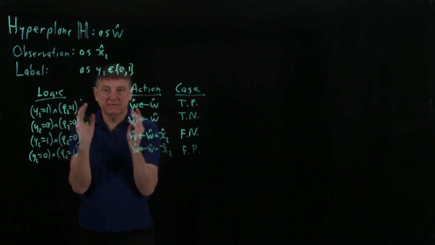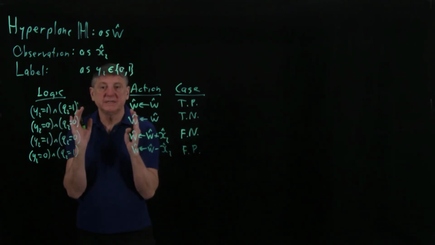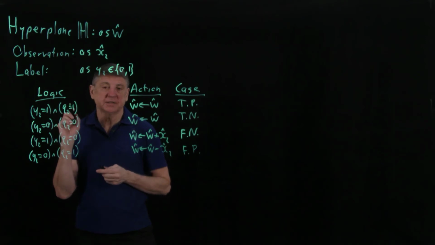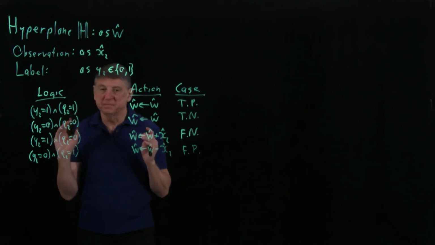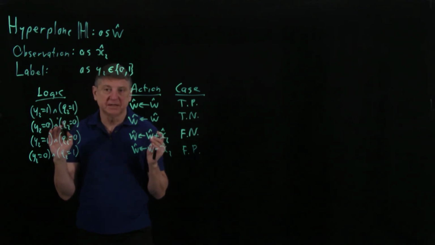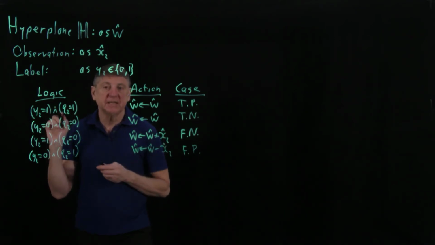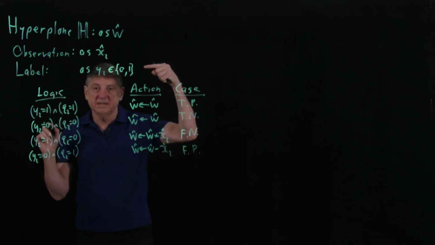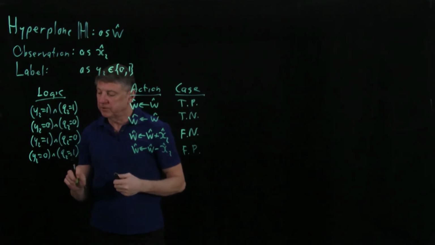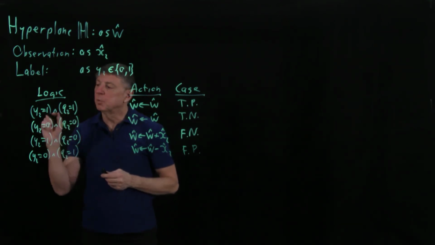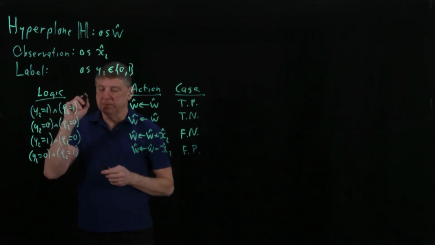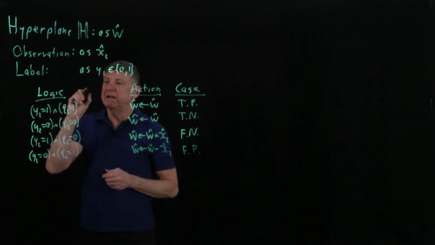Now, I've left a space here, and the reason is that we can actually concisely state this. There are a lot of tricks that we use in machine learning and data analytics, and one of them is taking advantage of the coding of our data. Here we've coded the label as 0, 1, and here we've coded the classification as 0, 1. So what we can do is form the error.